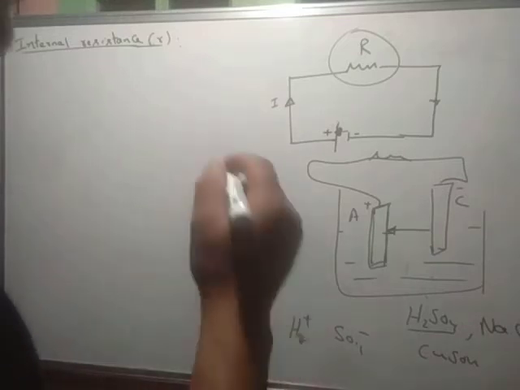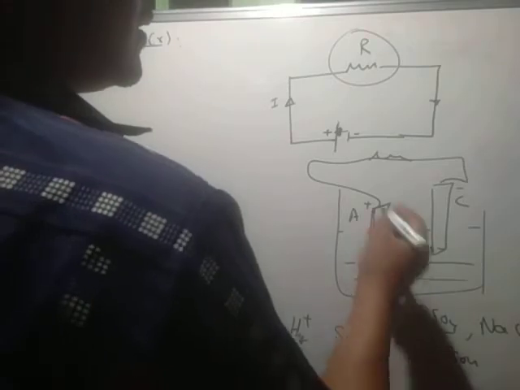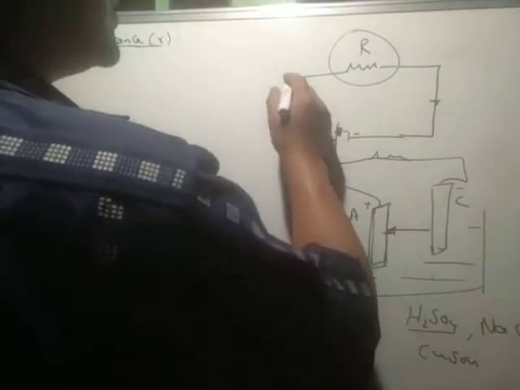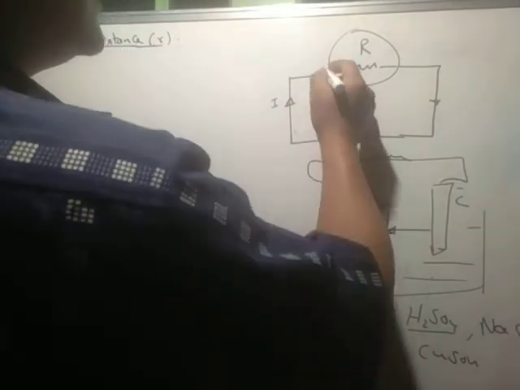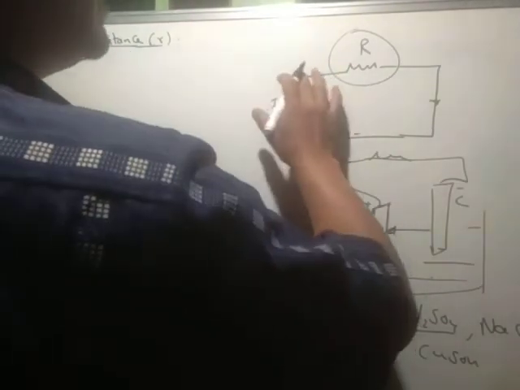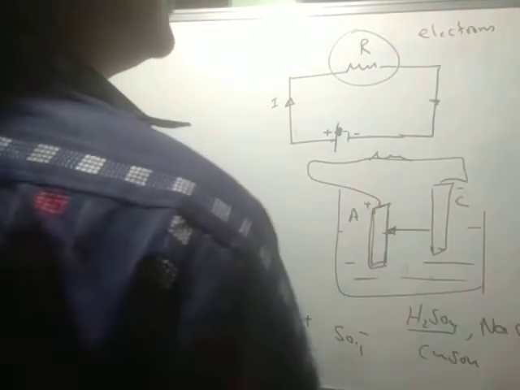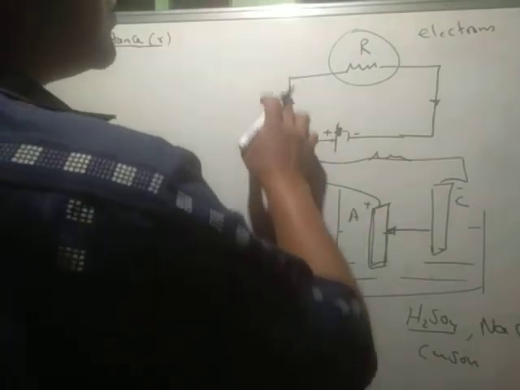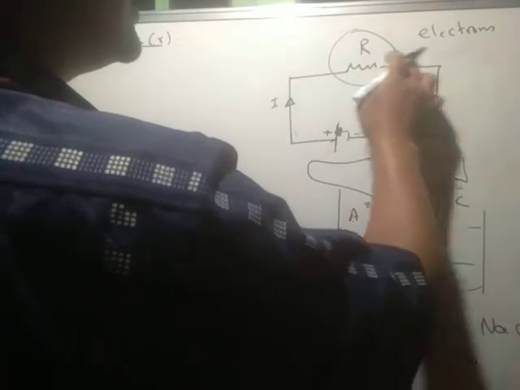Please note down here that outside the cell, when the current is passing through the resistor R, the charge carriers are electrons. So the electrons are responsible for the current outside the cell.